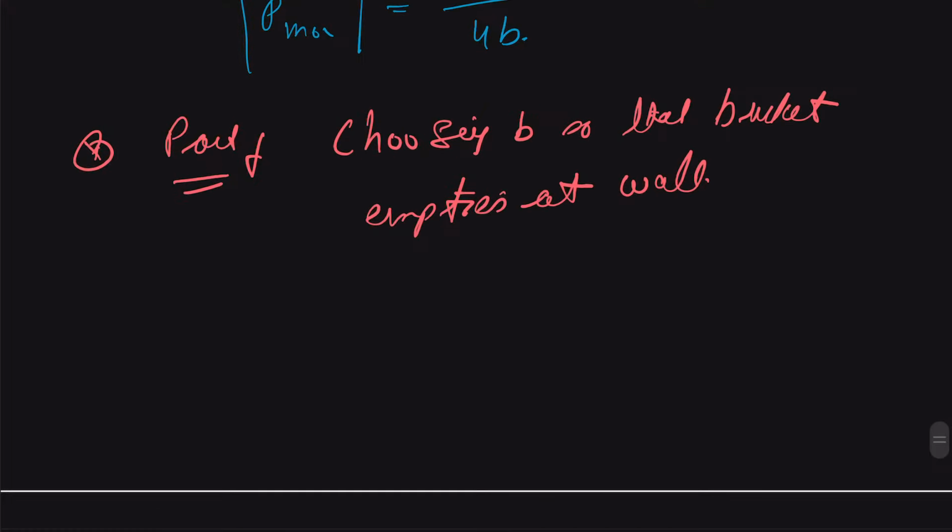So it means we need that the value of x is equal to 0 when our m is equal to 0. Therefore, we can put x of m is equal to 0. So we get this as 0 is equal to L minus M cube upon 6b square t.